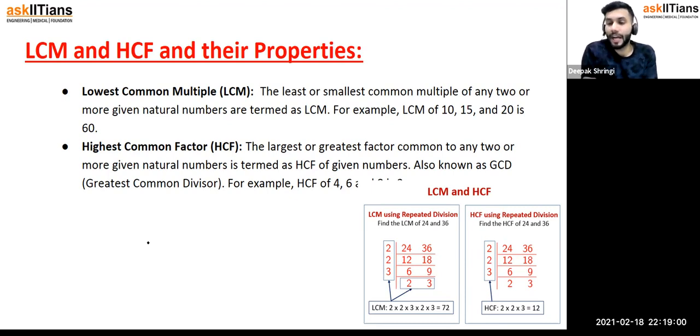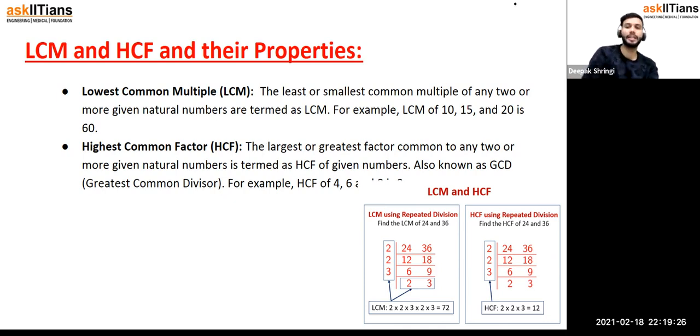Or you can understand it like this: the least number which is divisible by both 2 and 3. That's 6, right? 6 is divisible by both 2 and 3, and it is the least one as well. The numbers lesser than 6, 1, 2, 3, 4, 5, are not divisible by both 2 and 3, right? Got it? That is called LCM, least common multiple.